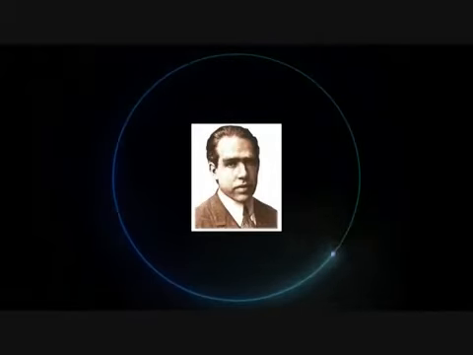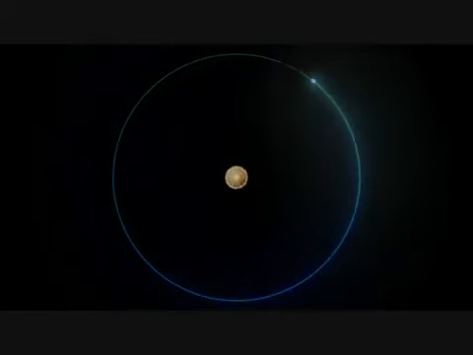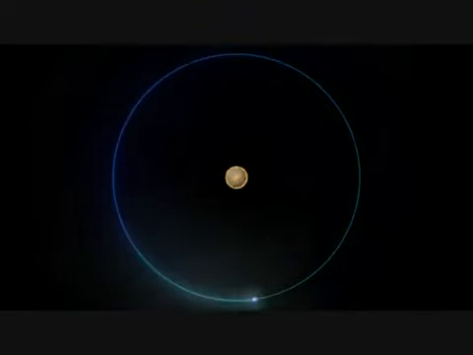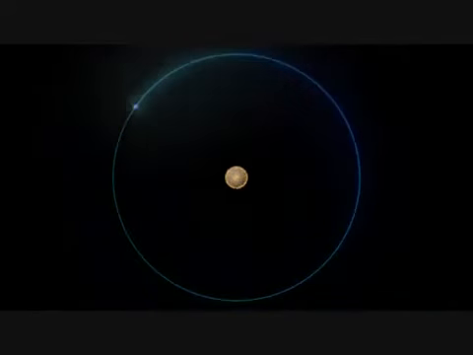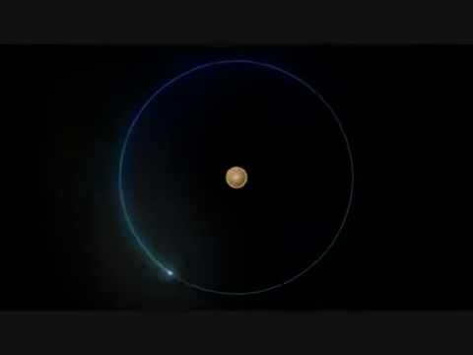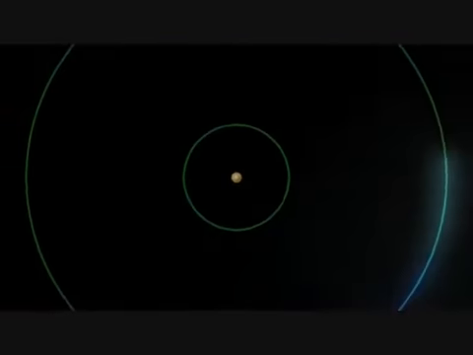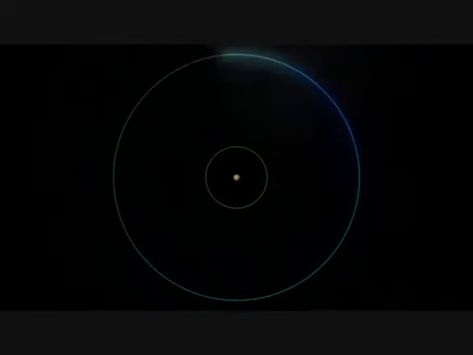Niels Bohr proposed the first working model of the hydrogen atom. In the Bohr model, the electron circles the nucleus as if it were a planet going around the sun. And with a nod to energy quantization that Max Planck dreamed up for solving the ultraviolet catastrophe, Bohr said that inside the hydrogen atom, the electron was allowed to have only discrete values of angular momentum in its orbit around the nucleus.